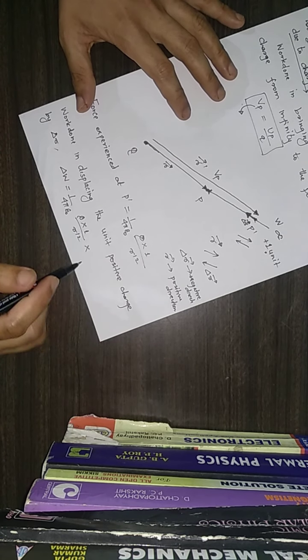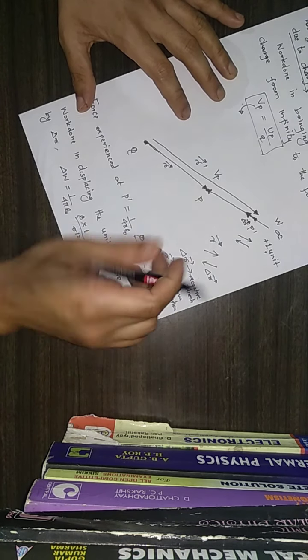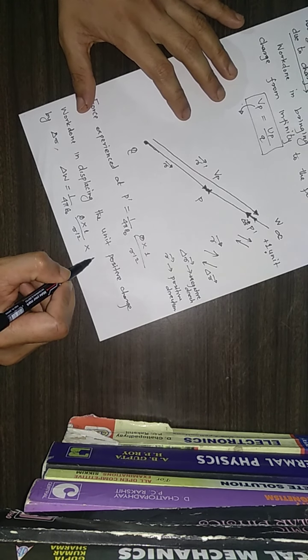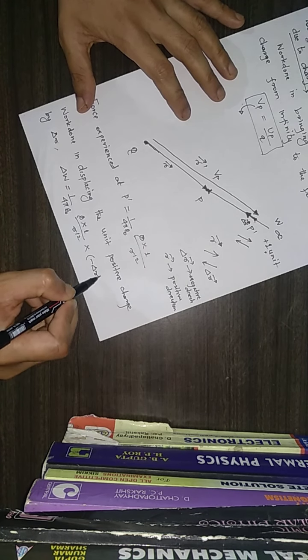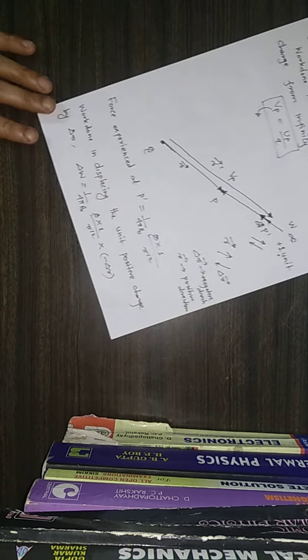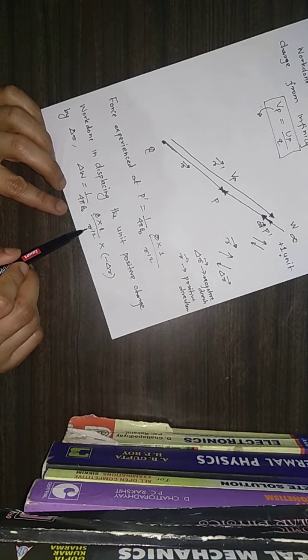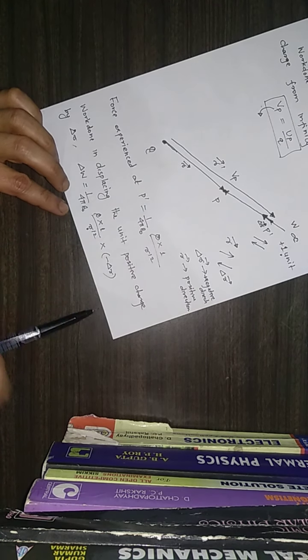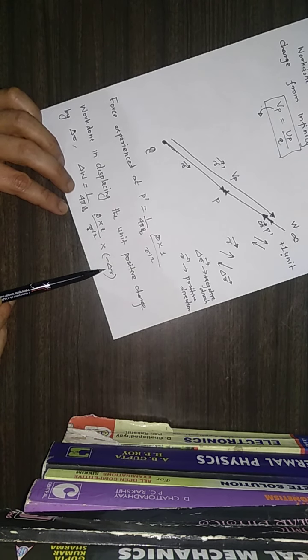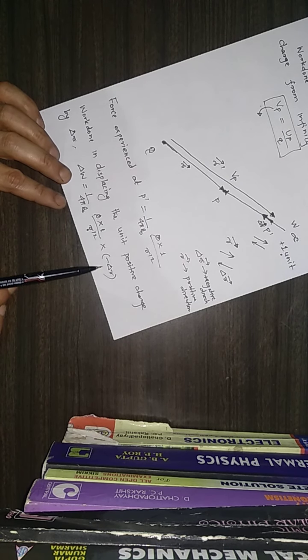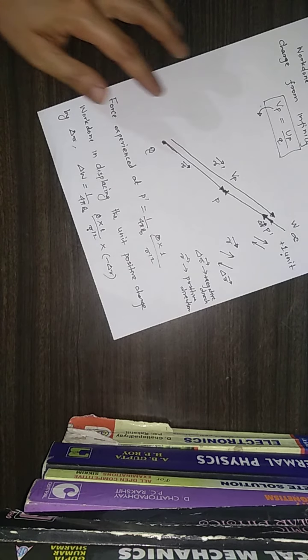That negative sign we are going to show here, just to understand that we are displacing it not toward the direction of r dash, but opposite to that. This displacement and r dash are opposite in direction, so that's why I have given one negative sign.